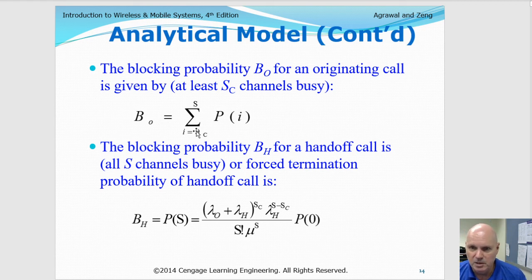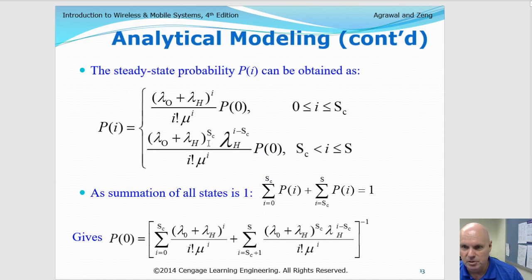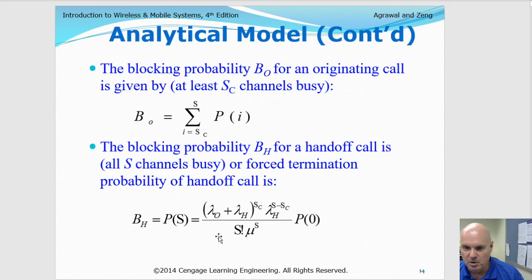So B0 would be the sum of the probabilities from SC to S. On the other hand, we're only going to block a handoff if all S channels are busy. So looking back on the previous slide, substituting in here with I equal to S, that's going to give us the probability of blocking a handoff call.